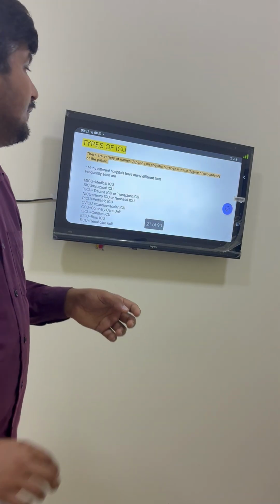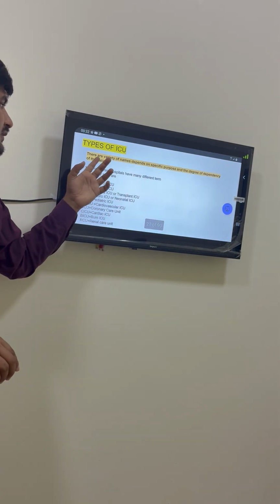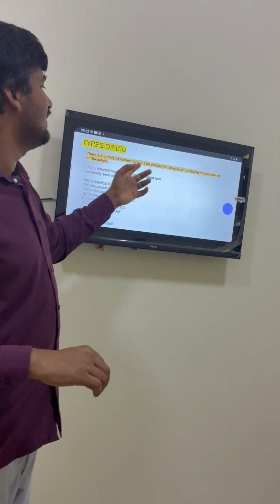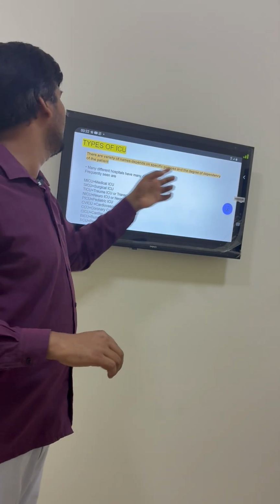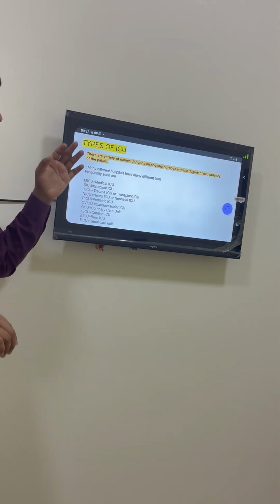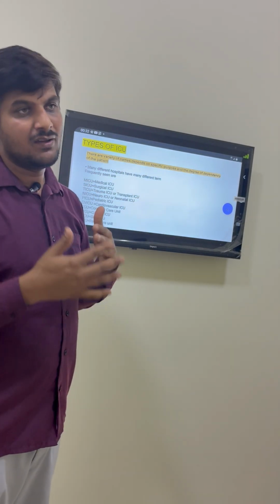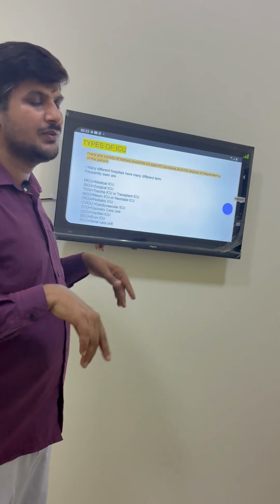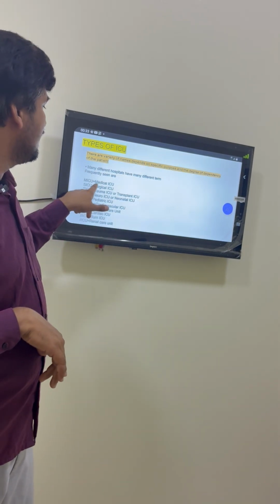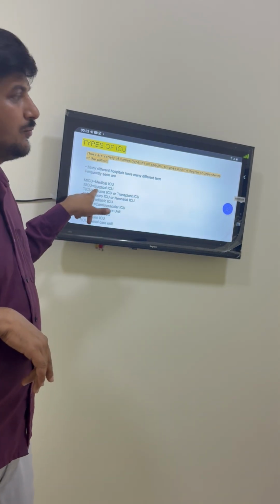Then what are the types? There are a variety of names, depending on the specific purpose and degree of dependency of the patients. Based on which cases the ICU treats, they give it a name. Here you can see the medical ICU, MICU, medical intensive care.